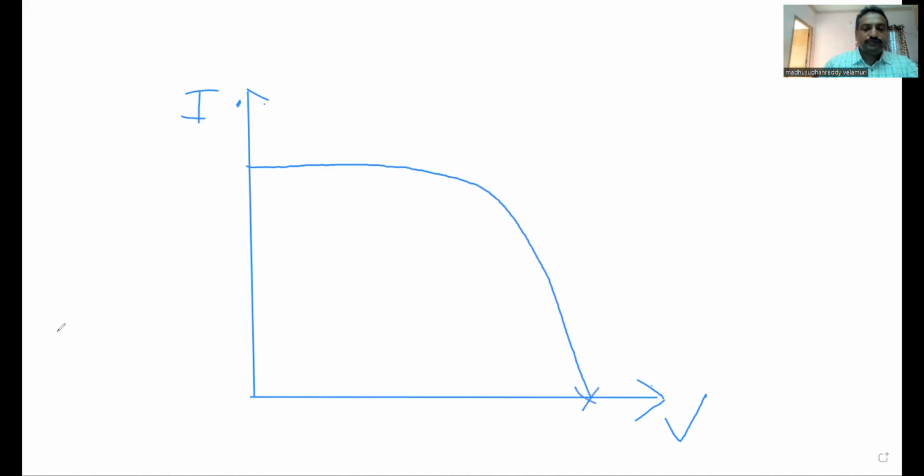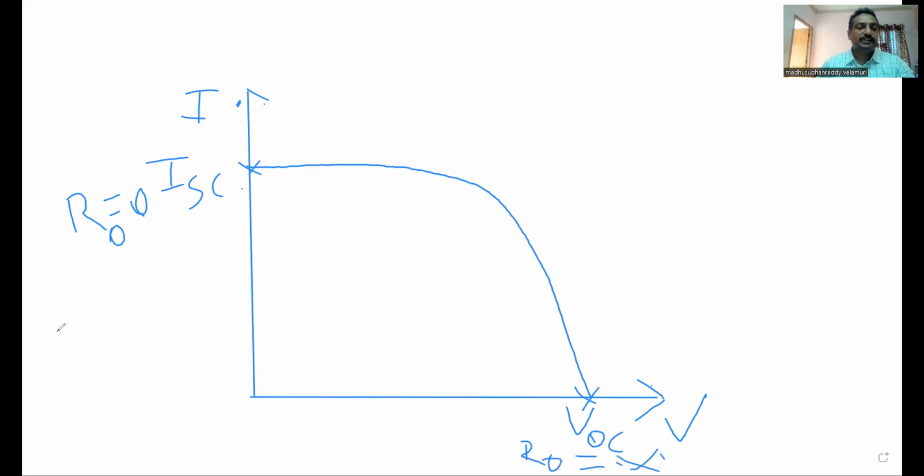So when these IV characteristics are like this, this is the representation of ISC, when R naught is equal to 0, or resistance of load should be equal to 0. This is about VOC, when R naught is equal to infinity.